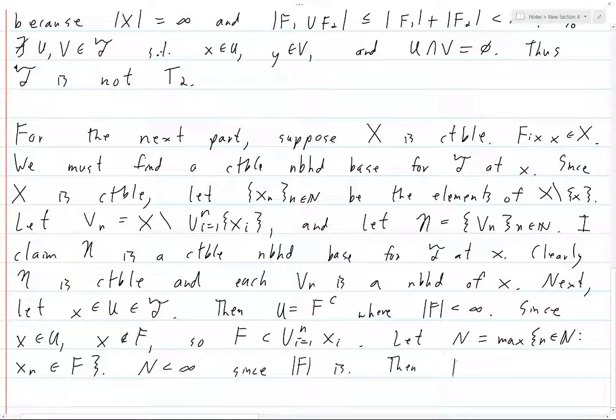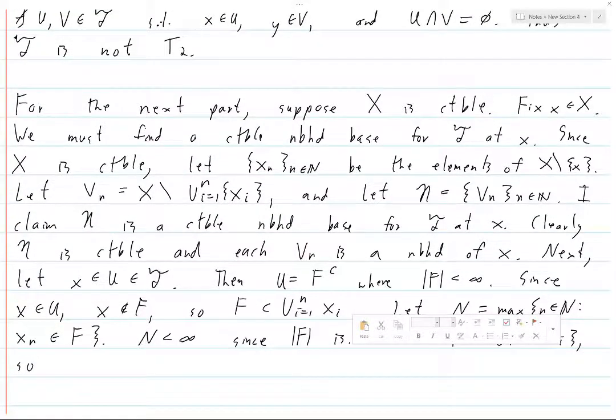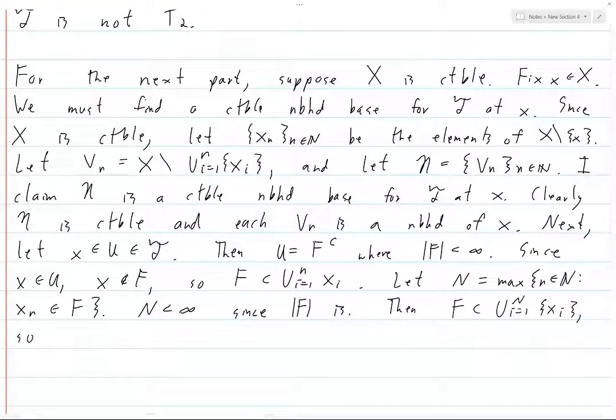Alright, so then F is contained in the union from i equals 1 to capital N of {xi}.